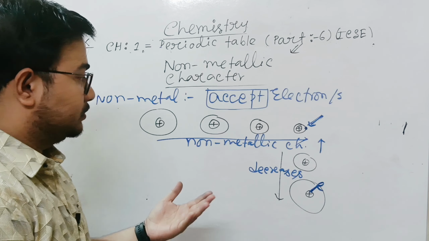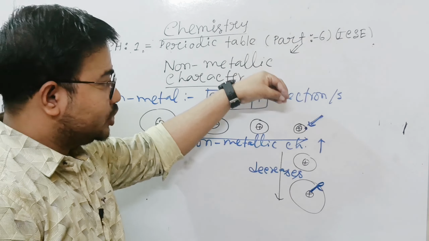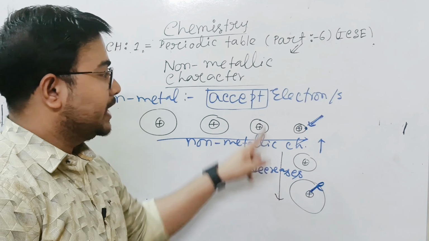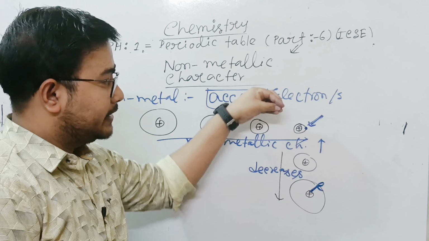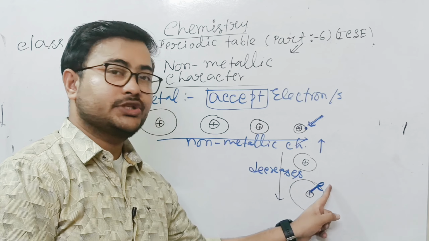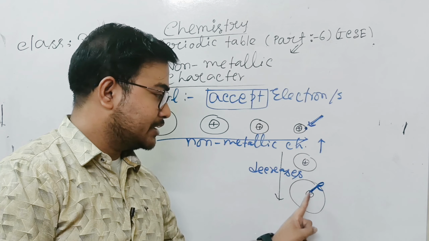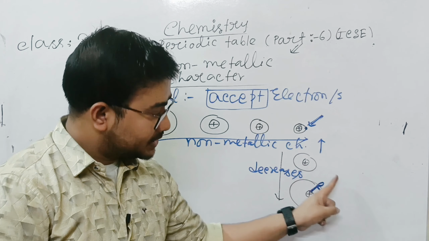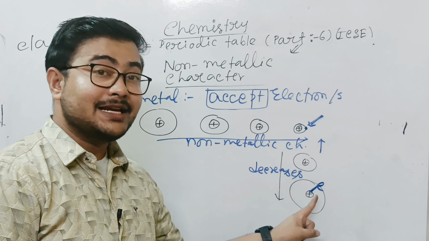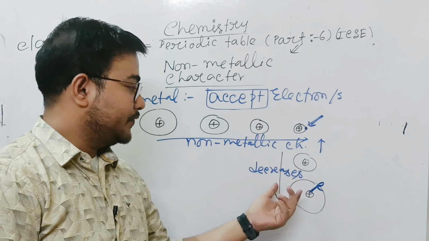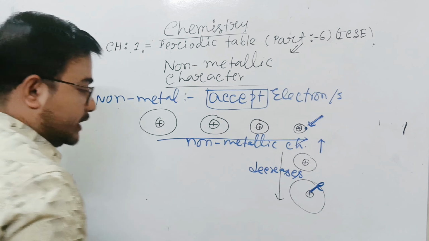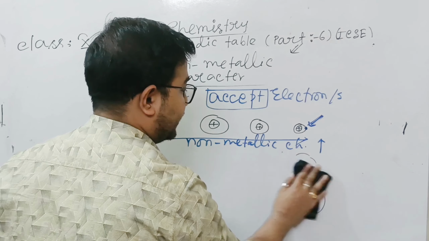Done. Now, next point, as you move downwards, non-metallic character decreases, because, hyphen, as you move downwards, radius of the atom increases. So the distance of the nucleus and the outermost shell increases. So the attraction by the nucleus towards the outermost electron decreases. So it has less tendency to accept an electron, hence non-metallic character decreases. Done.